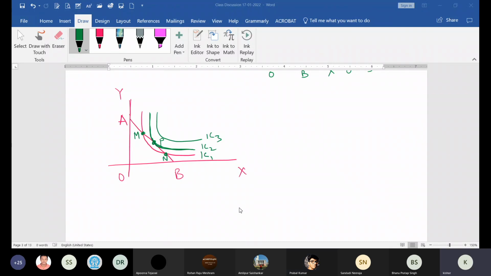So where are you going to purchase? Which point out of these 3? At P, sir. Now the question is why at P?